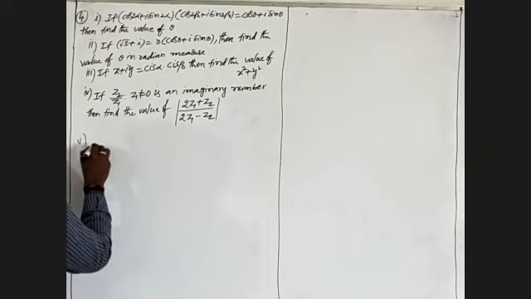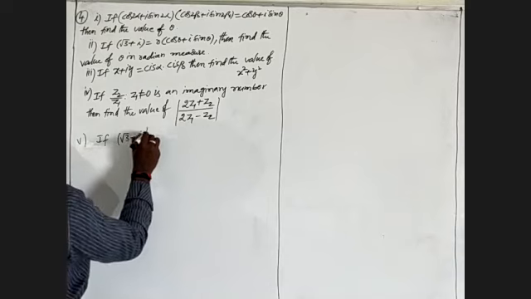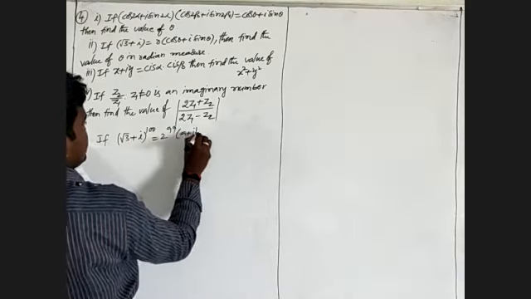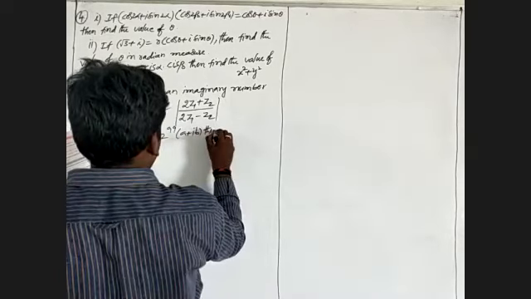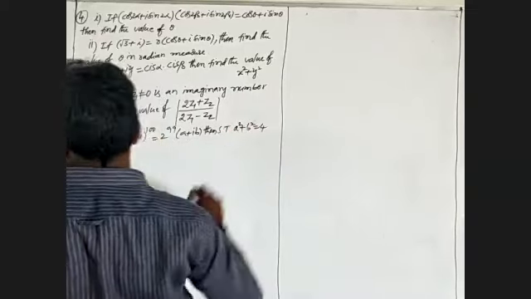The last one is, if root 3 plus i whole power 100 is equal to 2 power 99 into a plus ib, then show that a square plus b square is equal to 4.